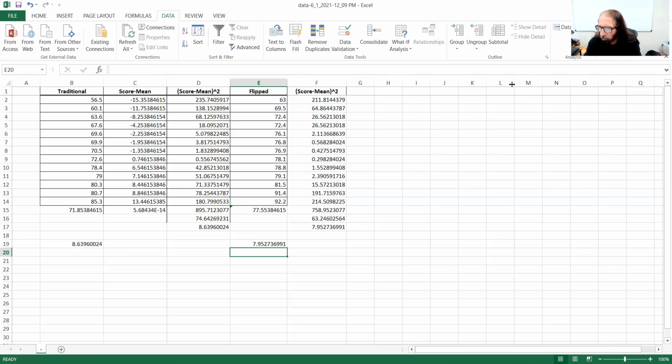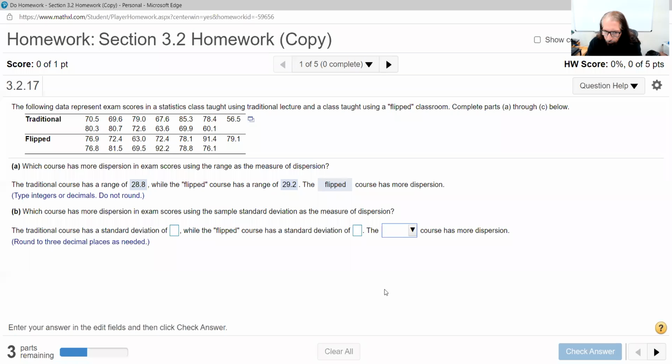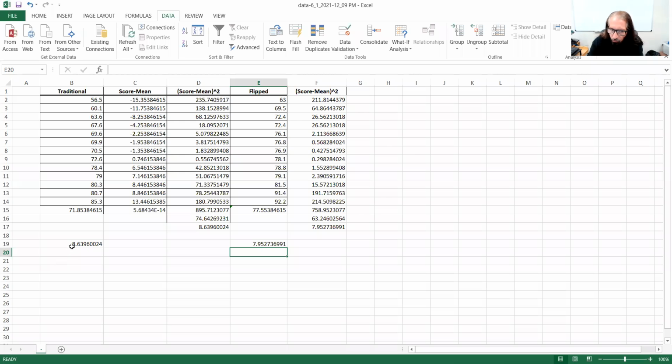All right. So they probably want this rounded. Let's find out. Three decimal places as needed. So the traditional class, that's going to round up because the 9's going up. That's going to go to 8.640.